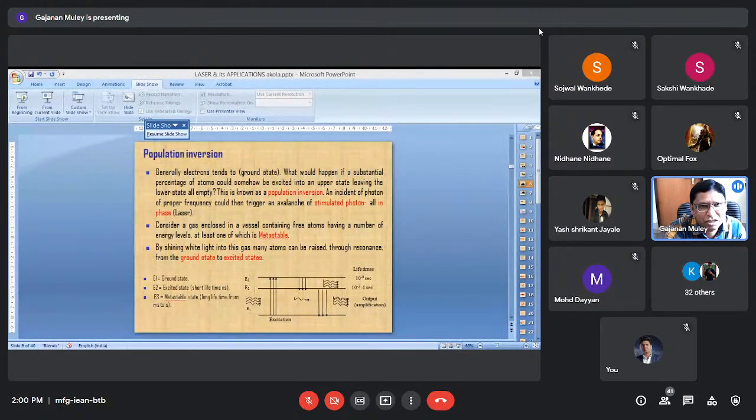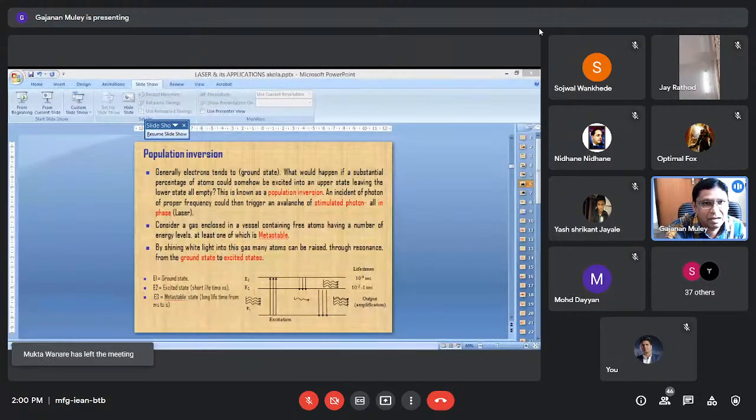Scientific applications: there are so many scientific applications, and lasers are used in many ways. For example, it is widely used in interferometric techniques and in Raman spectroscopy. In Raman spectroscopy, earlier we were using ordinary radiation. Now intense laser radiation is available, so we can use the laser in Raman spectroscopy. Then laser induced breakdown spectroscopy.